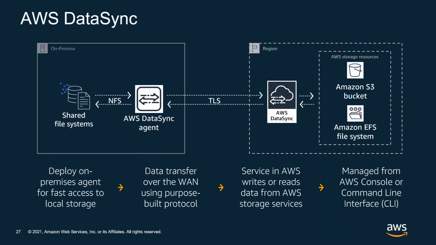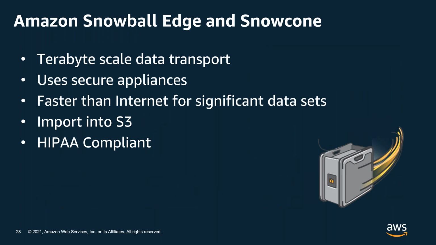It's a super fast protocol, great for one-way transfers, right? Whereas File Gateway is better suited for when you want to present an NFS share. This is more of, hey, I want to take files off my home directories and put them all in S3, or put them in something like an EFS file system. That's where DataSync is going to help.